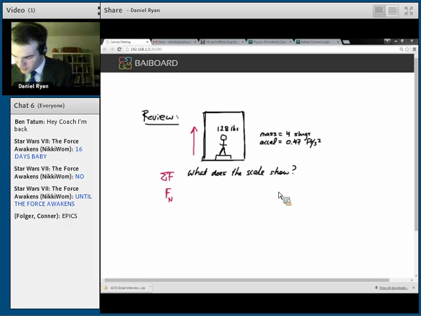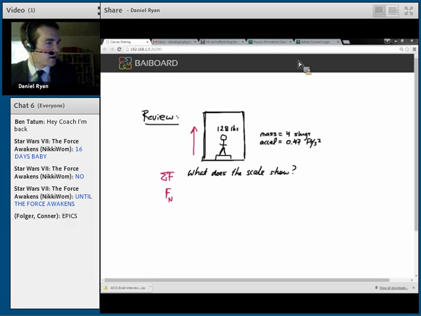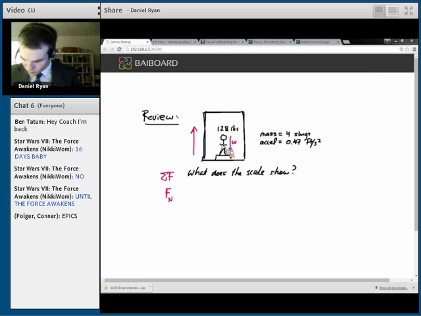Let's work this really quickly. So the elevator problem, we just need to consider what are the forces at play here. We have this person's weight, which is going down, and we have the normal force of the scale on this person going up. So these guys are going to be opposite one another.